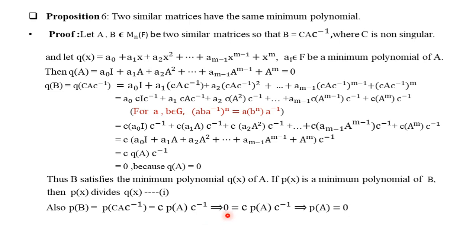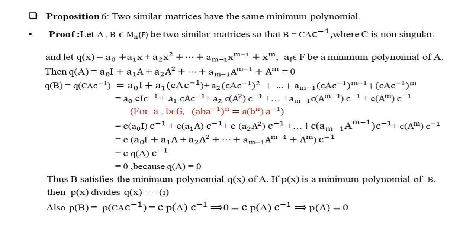That implies here P of B equal to 0 because P of X is a minimum polynomial of B. So here we put 0. So 0 is equal to C into P of A C inverse. That implies P of A equals 0 because C and C inverse are non-zero matrices.